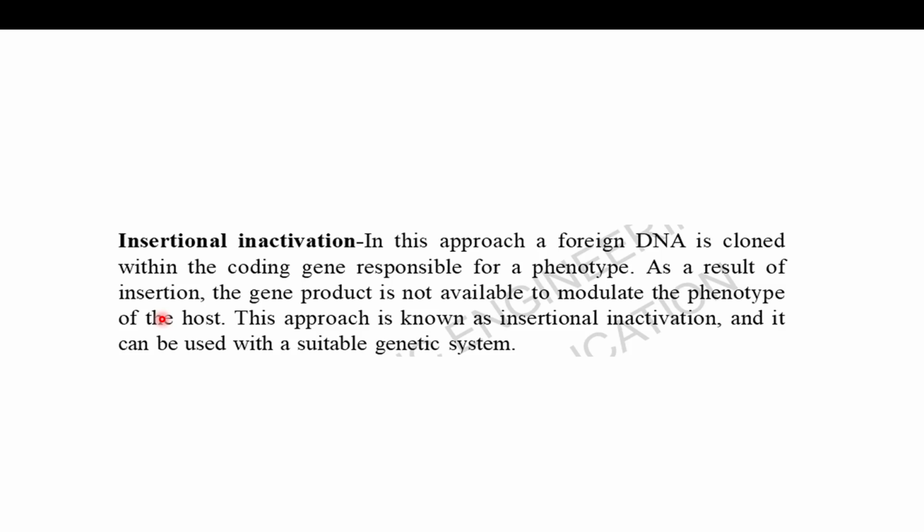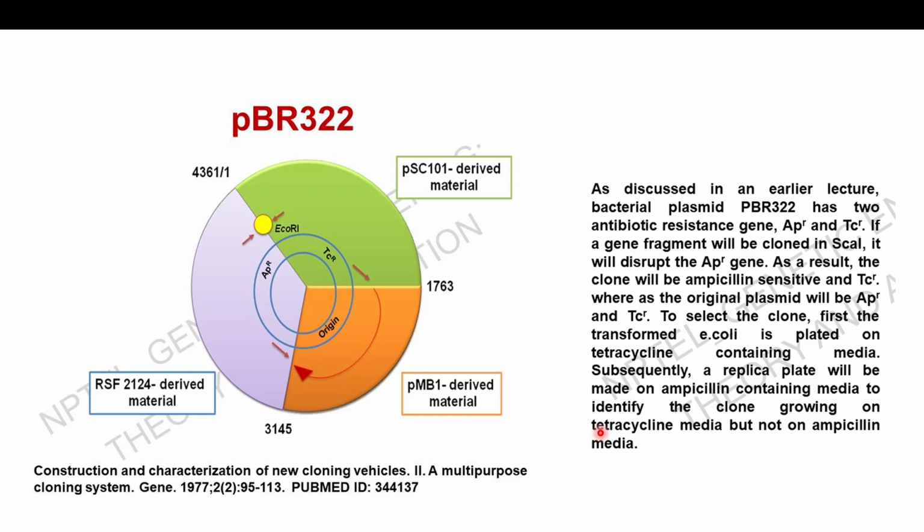So this is one of the examples, which is called insertional inactivation. Suppose this is the very first plasmid we looked at, the recombinant plasmid pBR322, having both tetracycline as well as ampicillin resistance genes. This recombinant plasmid harbors these two antibiotic resistant genes, ampicillin and tetracycline.